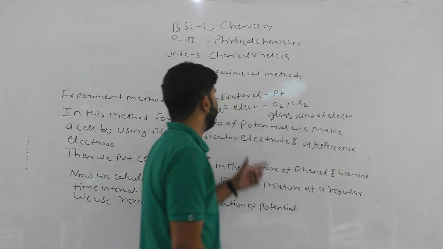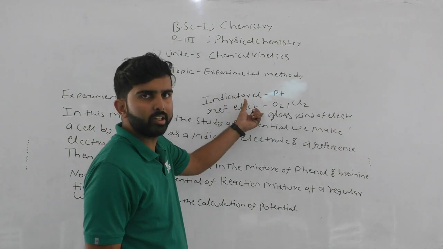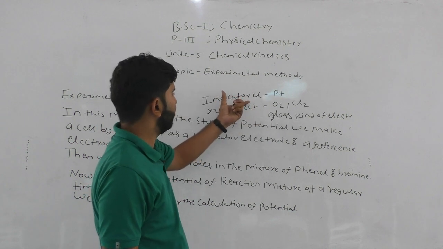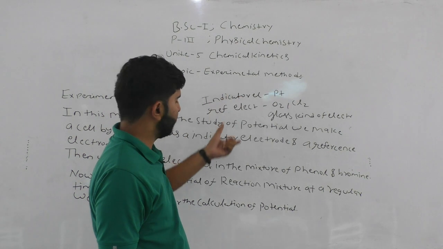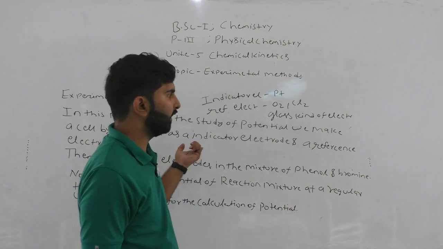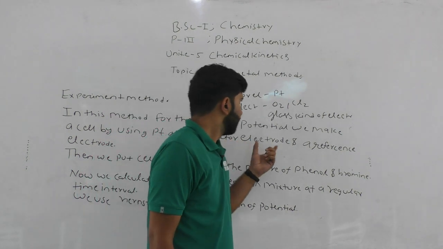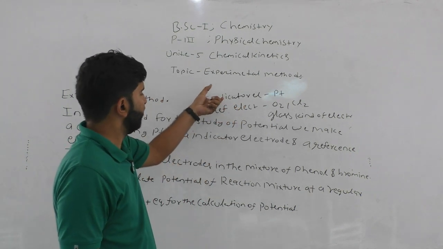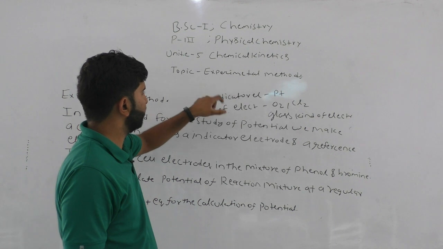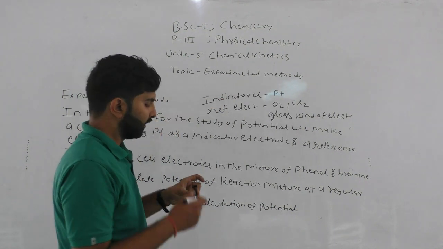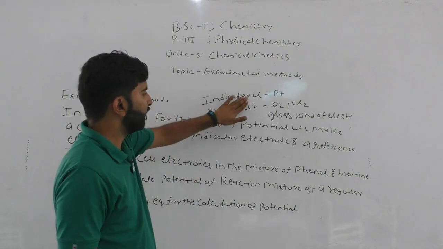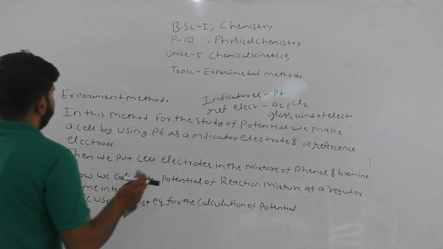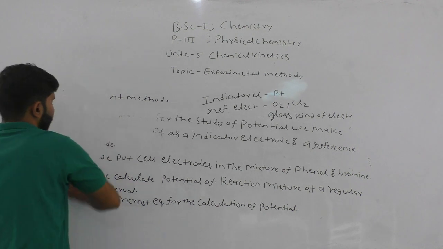So, the value of the reference electrode remains constant during the experiment, and the indicator's value changes with change of concentration of ions in a reaction mixture. So, by the study of this change in ion concentration, we convert this concentration into potential. So, finally we study about the calculation part.